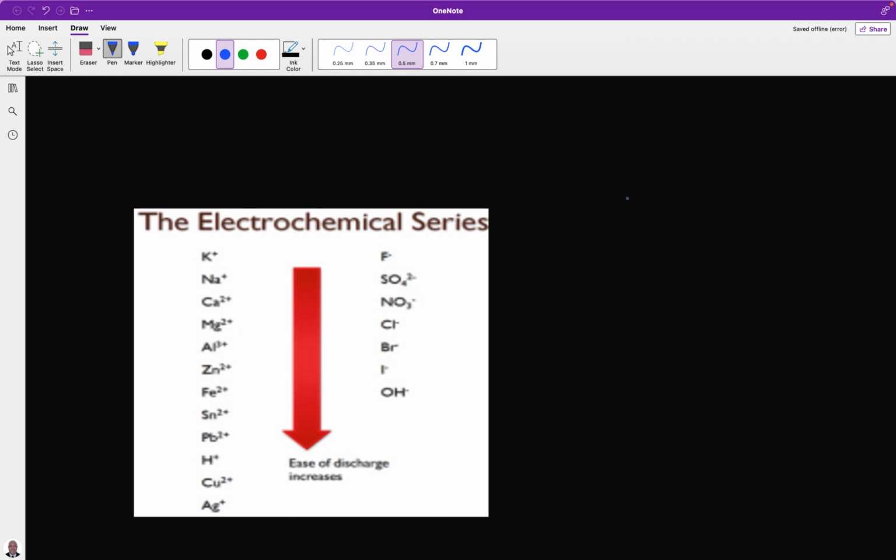This is sodium chloride, aqueous. Since it is aqueous, it means water is involved. There is the anode. There is a cathode.